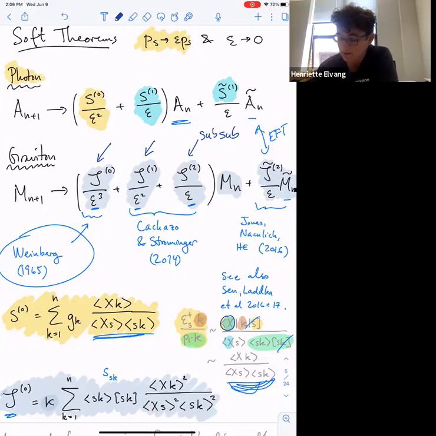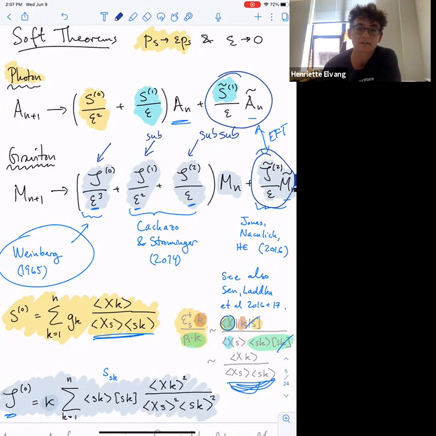And it turns out that for photons, it can change the subleading soft theorem. And in gravity, it's only at sub-subleading order. And this was quite important because in these celestial amplitudes and asymptotic symmetry approaches, the subleading soft theorem played a very important role for connecting things to the BMS algebra.